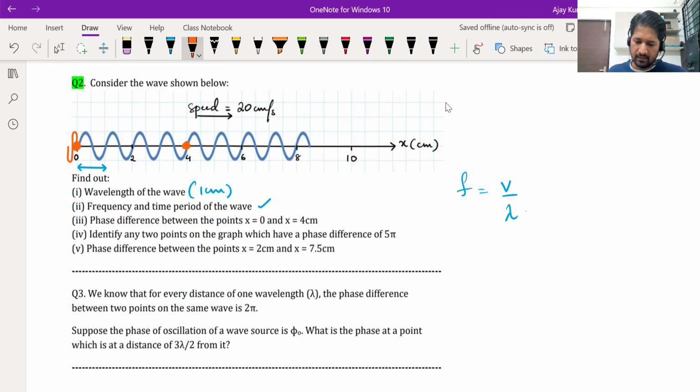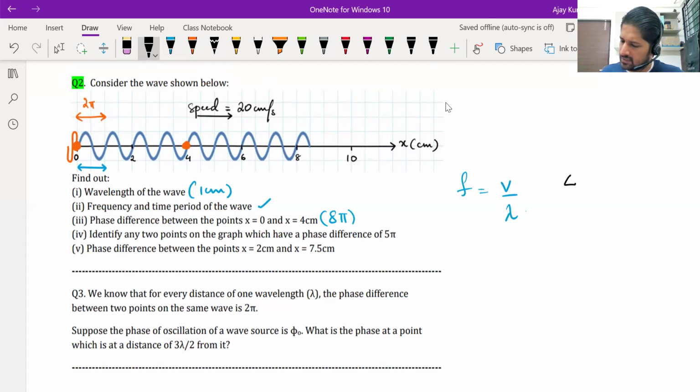Now, the point x equal to 0 and the point x equal to 4 are separated by 4 pulses, 4 wavelengths. Every time one pulse is generated, meaning for every one wavelength, the phase difference is 2 pi. Then for four wavelengths, the phase difference will be 8 pi. The relation between distance and phase difference is the most important thing you will use in this chapter.